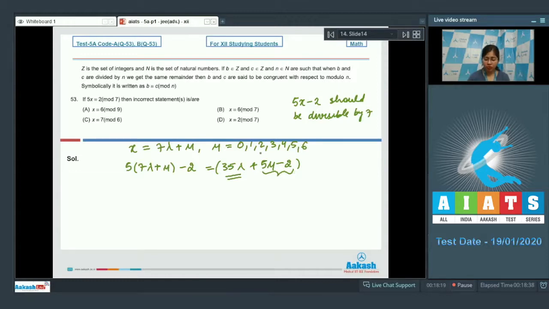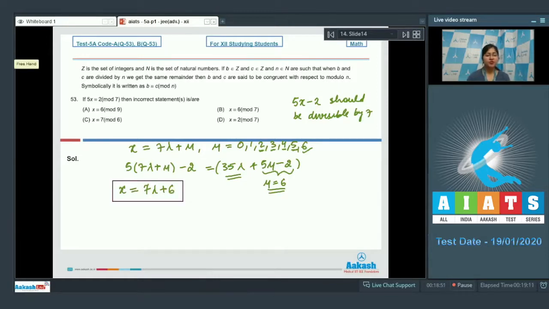Similarly, put mu equal to 2, we get 8, which is also not divisible by 7. Similarly, mu equal to 3, 4, 5 also will not be divisible. When we put mu equal to 6, we get 30 minus 2, that is 28, which is definitely divisible by 7. So we can say that the value of mu is equal to 6. So from here we can say x is equal to 7 lambda plus 6.